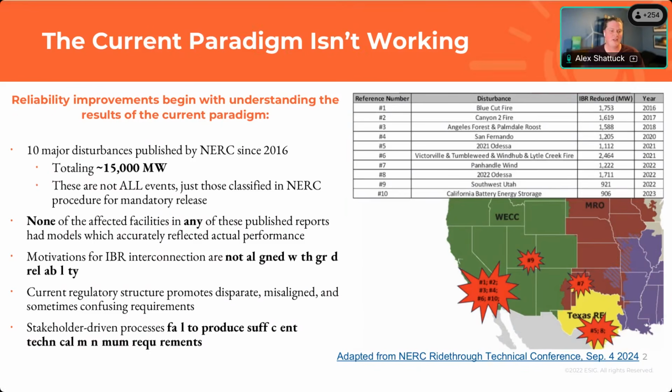Additionally, and adding confusion to this, is the current regulatory structure in North America specifically, the way that FERC speaks to NERC, NERC speaks to individual entities, they all point to each other, and that promotes and enables disparate, misaligned, and sometimes very confusing requirements.